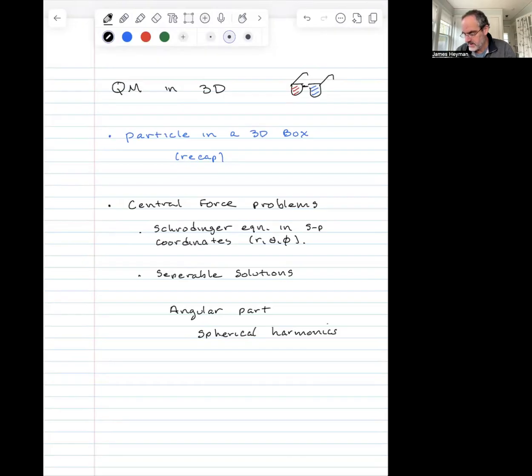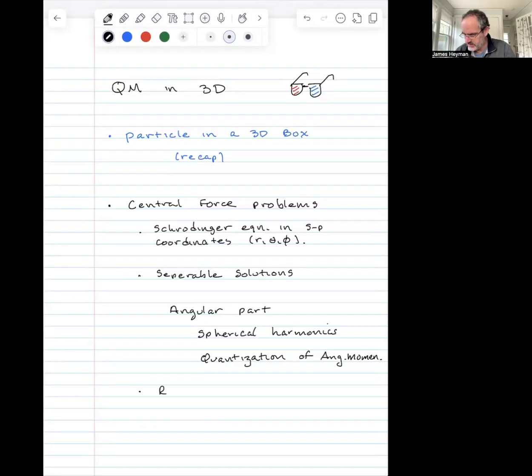And we'll see that states like these exhibit quantization of angular momenta. So quantization of angular momentum.